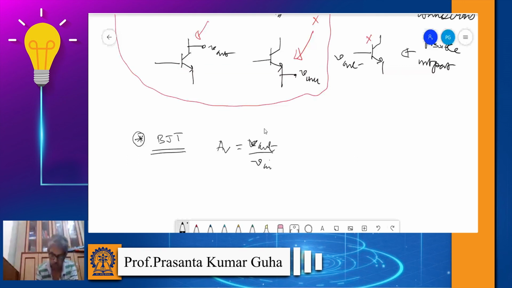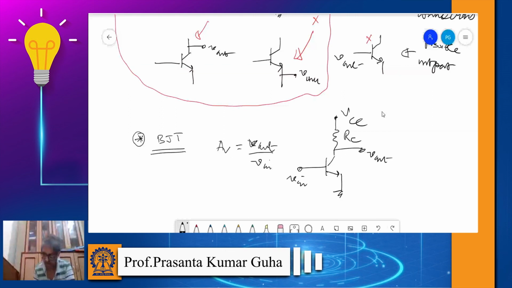So we will have the simplest amplifier circuit. For the time being we will not bother about the biasing circuit, we will consider that later. We will find out V out over V in and see how much gain we get out of this simple amplifier circuit.